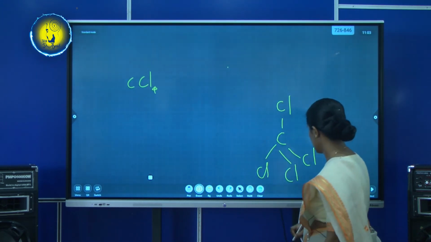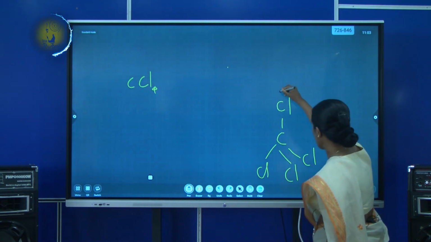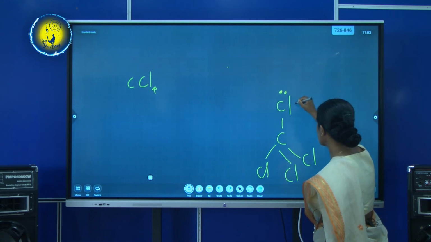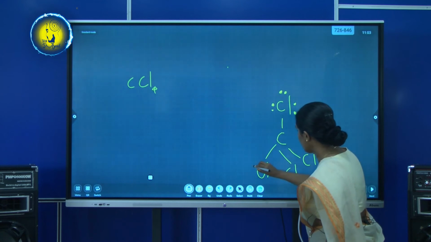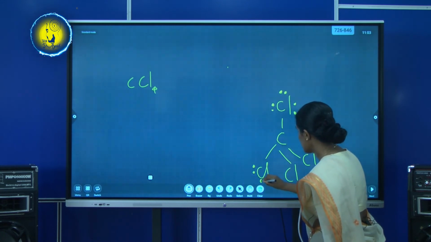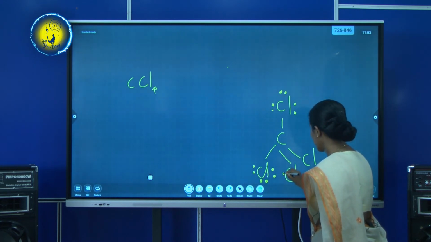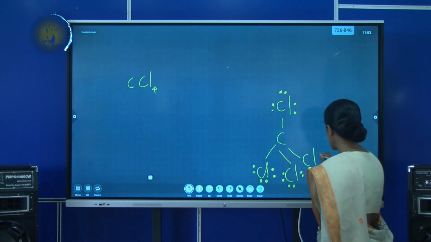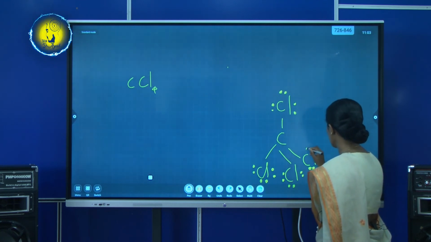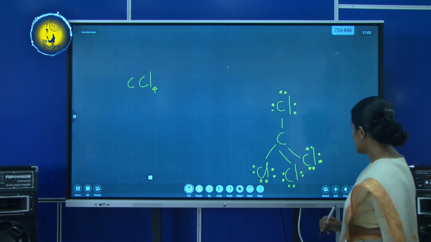Right. So let's draw the lone pairs here, lone pairs of electrons. Right, we have come to the end of this. Right, these are the lone pairs of electrons. Hope you can see them.